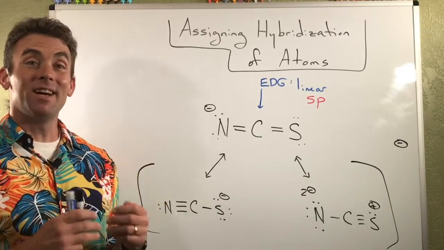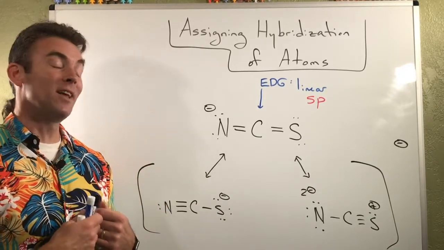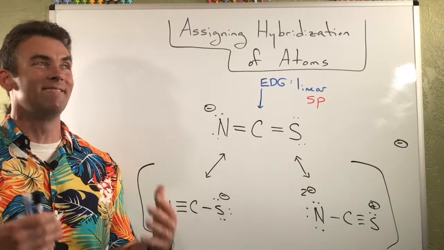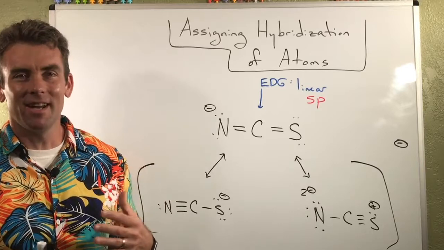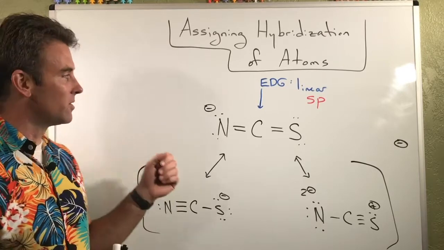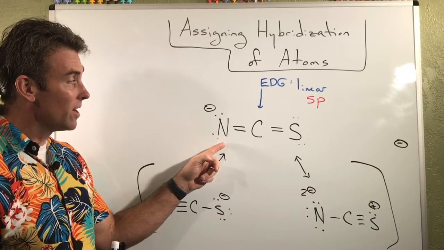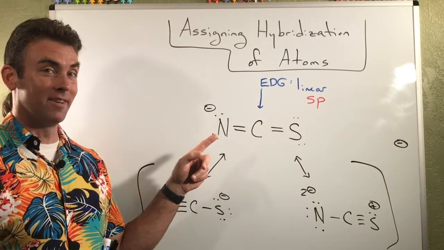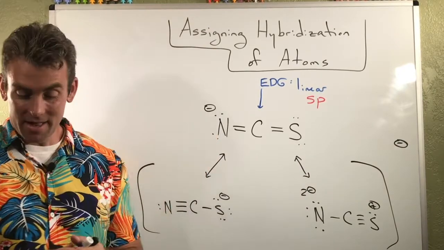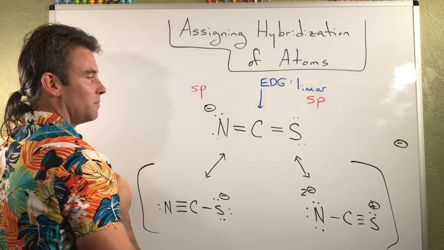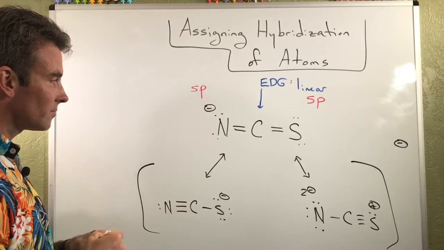But the problem lies in the fact that this covalent bond theory that we've learned to love is just a little bit clunky, right? It doesn't explain every situation. So it turns out that nitrogen right here is weirdly an sp hybrid, right? And so let's write that down first of all. That thing is sp hybridized.